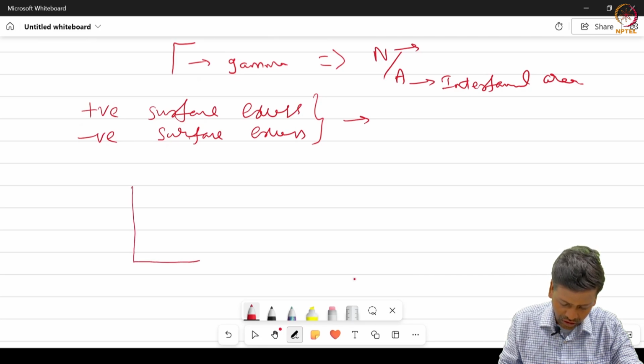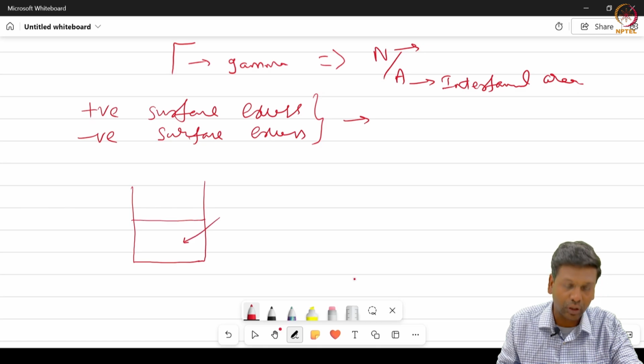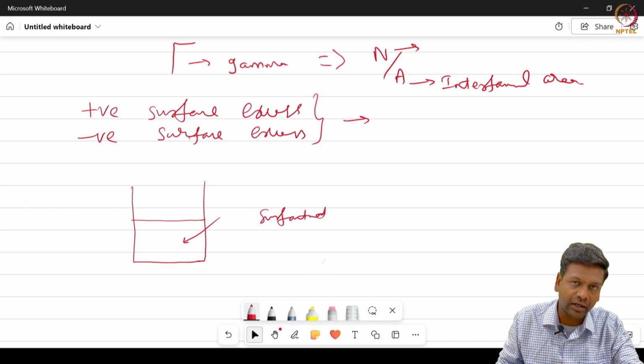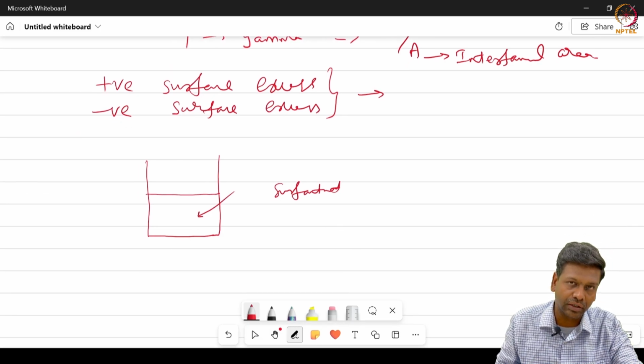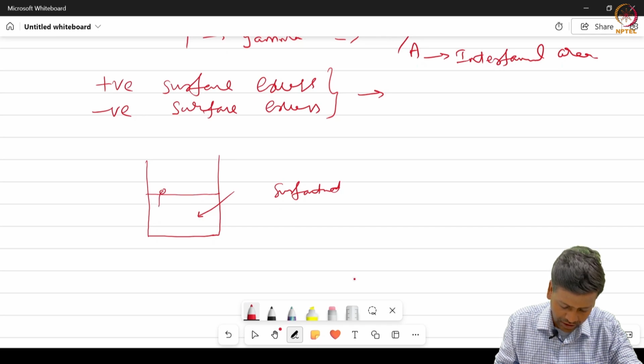Let's say you have a beaker and you want to add some solute molecule like a surfactant. As soon as we add the surfactant into the medium, it has a tendency to go to the interface and adsorb at the interface.